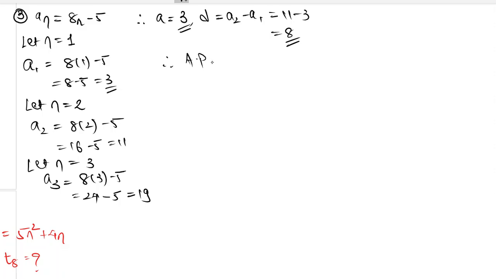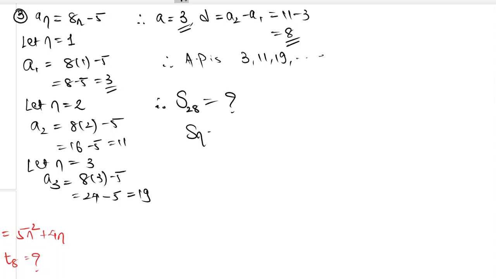Therefore, the AP is 3, 11, 19, and so on. D is the common difference. So we got the AP, we got the first term, we got the common difference. We have to find the sum of 28 terms.